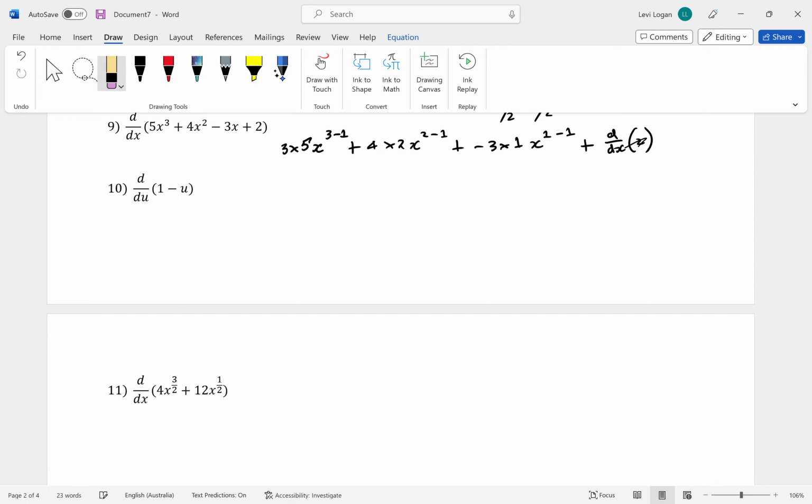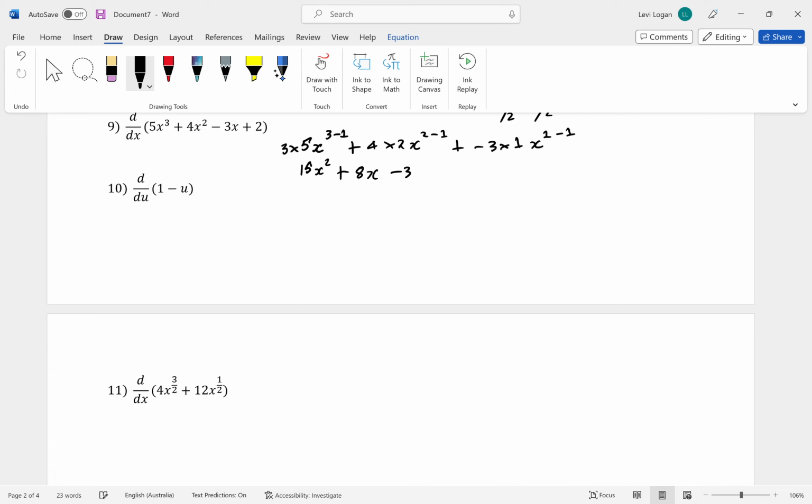So we can get rid of that. I explained in the previous video why it's 0. Basically, if you want the rate of change of something that doesn't change, there is no rate of change pretty much. So that's why it's 0. And I show mathematically why it's 0 as well. So this is going to simplify to 15x squared plus 8x minus 3.